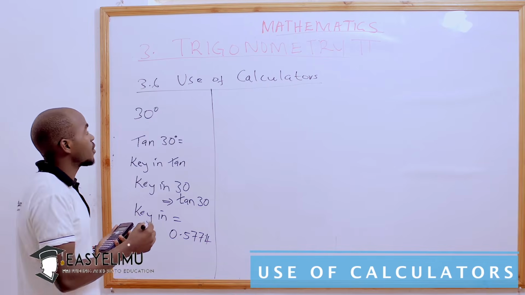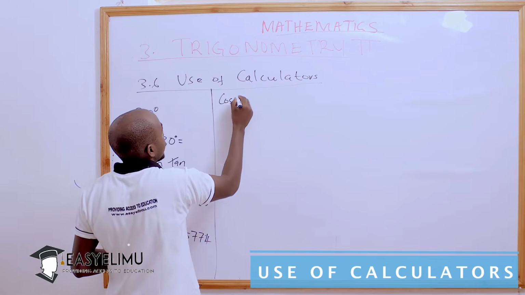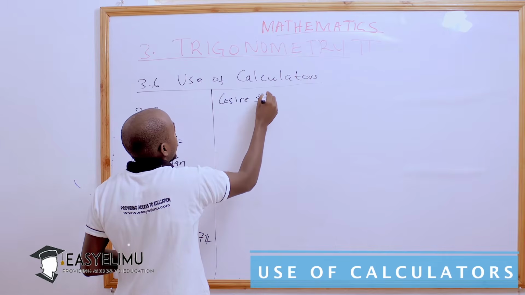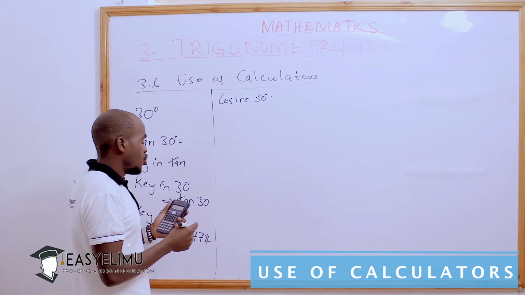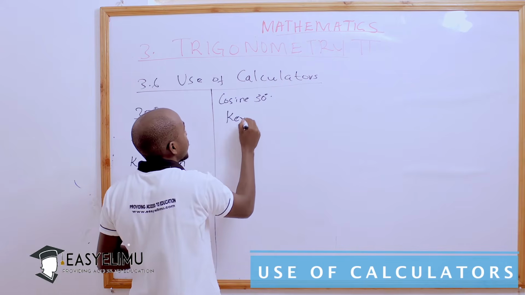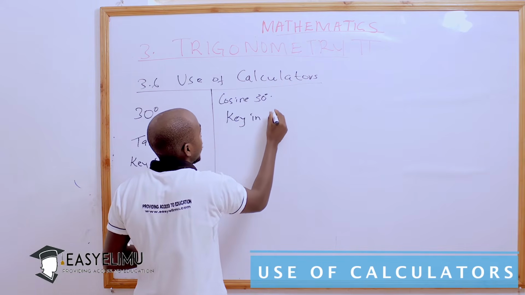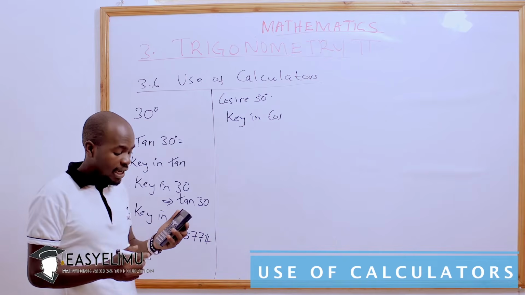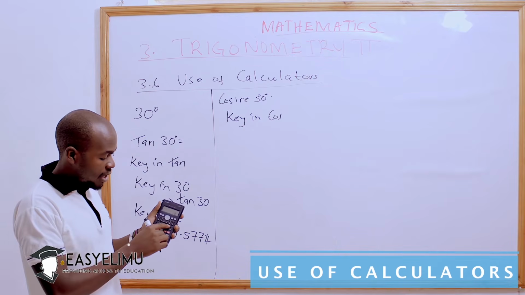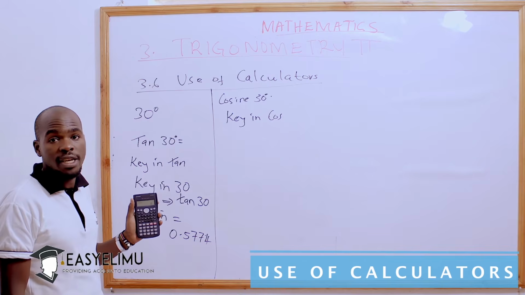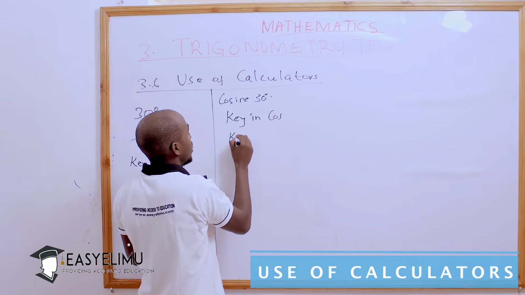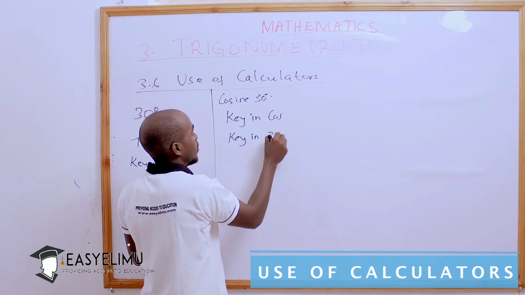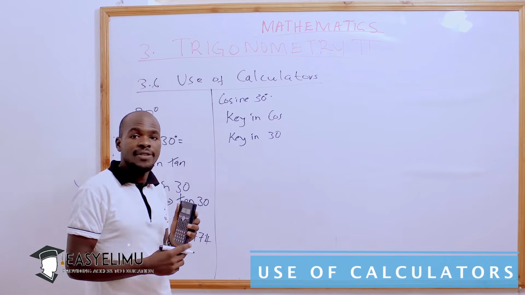And if it is cosine of 30 degrees, you only key in the cos key on the calculator. It displays cos, and then you key in 30, meaning you press 3 and 0.